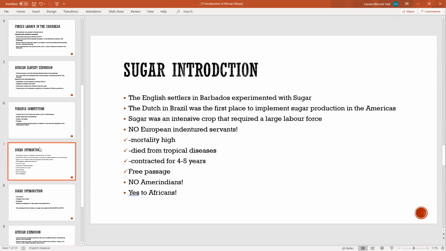So the English settlers in Barbados said, listen, we need to experiment with sugar cane. They got the Dutch from Brazil to help them implement sugar production in Barbados.